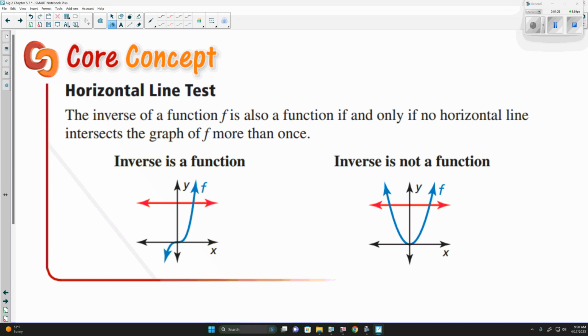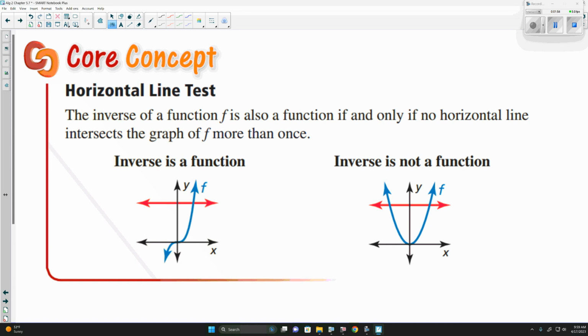So what we're doing with an inverse is switching the domain and range values. We're flipping it to find its inverse. An inverse and a function really are mirror images of each other, and the mirror image is going to be across the line y equals x.